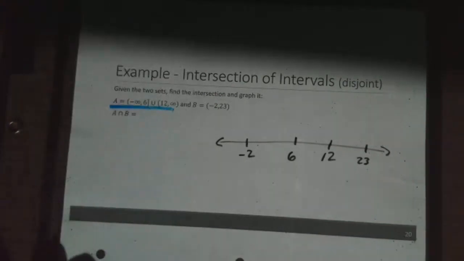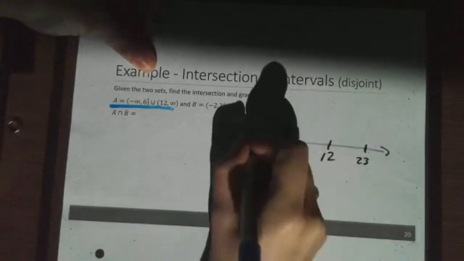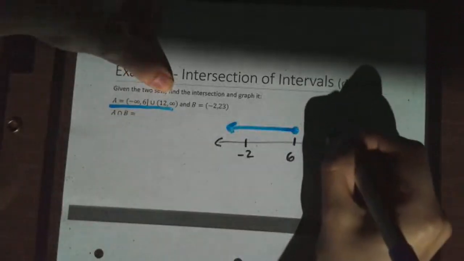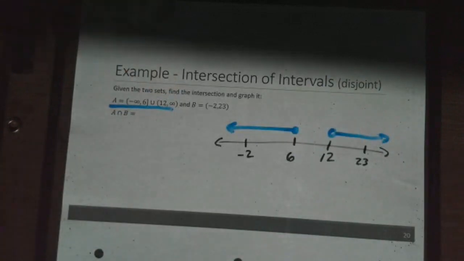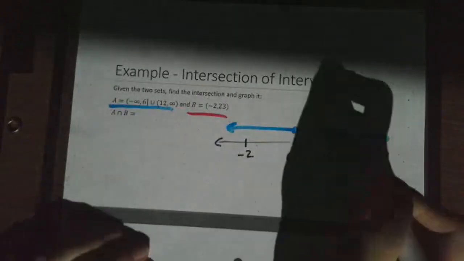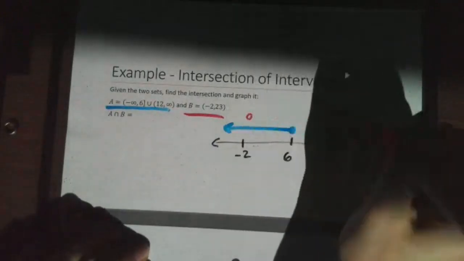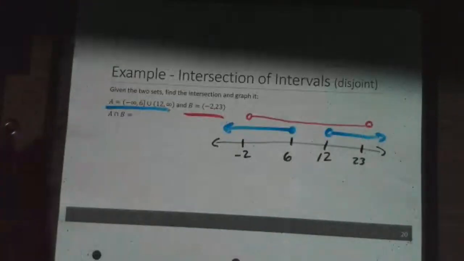So first up we have A, which is -infinity to 6 or 12 to positive infinity. So that's going to be our blue set A. And then set B is -2 to positive 23, which is red, with open circles on both and stuff in between.